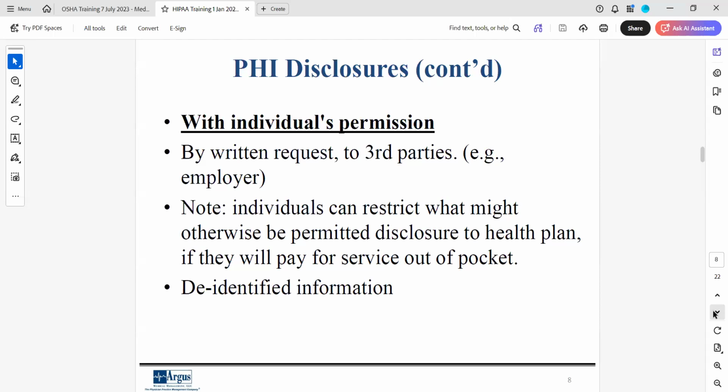So, in other words, if a patient decides, I'm going to have a special visit today, but I'm going to pay cash for this visit, I'm not going to use my health insurance for this visit, and the health plan is requesting records, the patient is allowed to exclude that visit from those records that are released to the health plan.